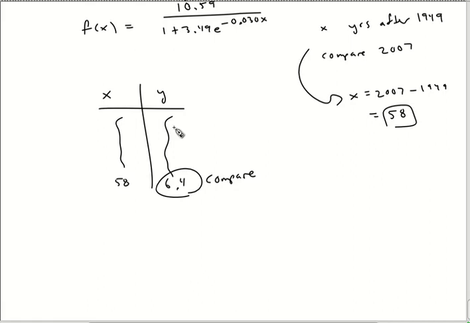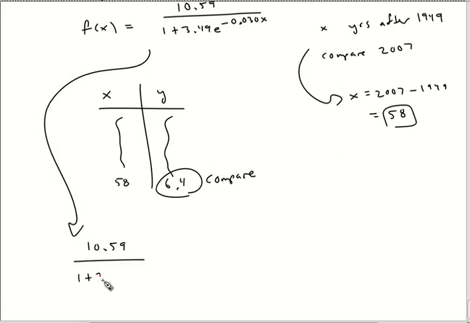So let's plug this in. I'm going to go back to the original and plug it in, which really you just put into the scientific calculator and you get an answer, and that's it. So put the 58 in there. And when I do it, I get 6.536. Okay, so this is cool.